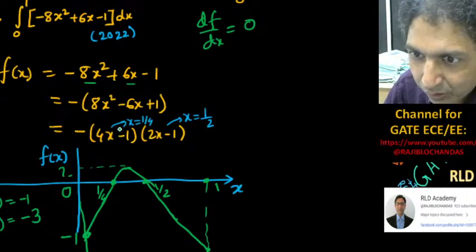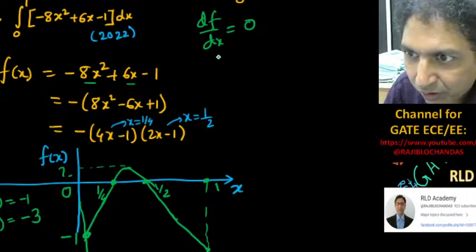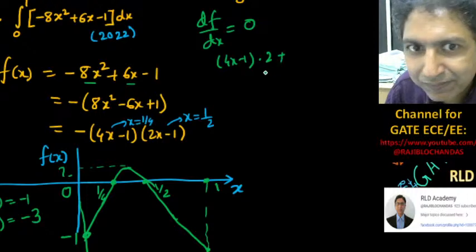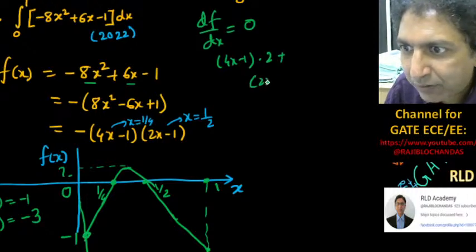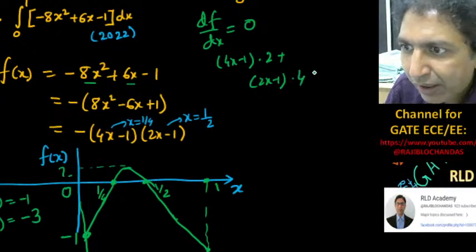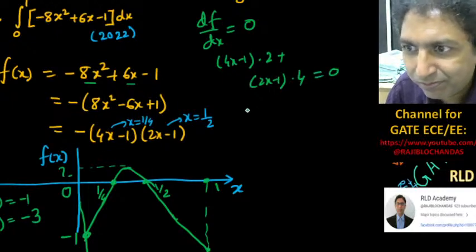I think so. One part is constant, so if I consider 4x minus 1, the derivative of this is 2x, means 2 plus this 2x minus 1 is constant, 4x, derivative is 4, and that I'll make 0, right?